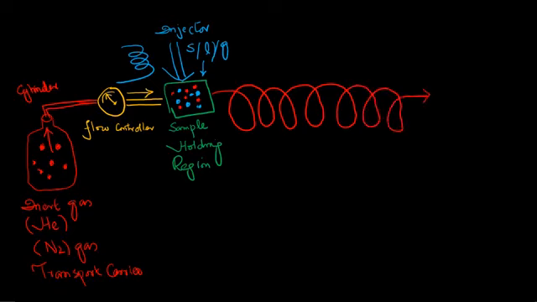The column of a gas chromatograph operates around 300 degrees centigrade. This is the temperature of the column of a gas chromatograph, so it acts like an oven. Usually the column of a gas chromatograph is made up of steel, metal, or it may be made up of glass.